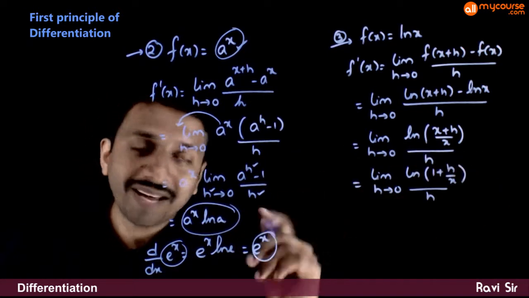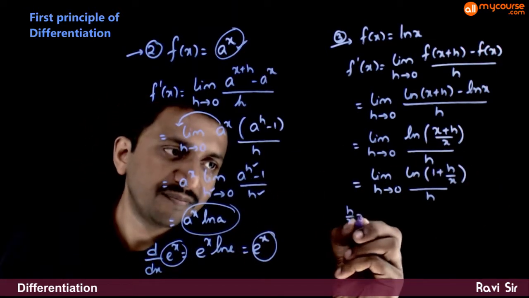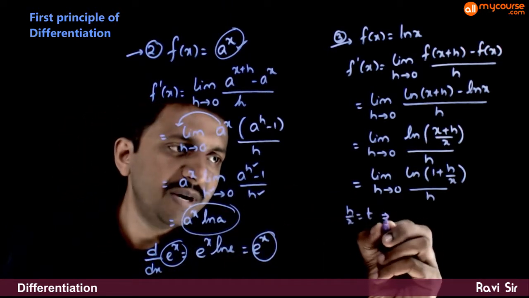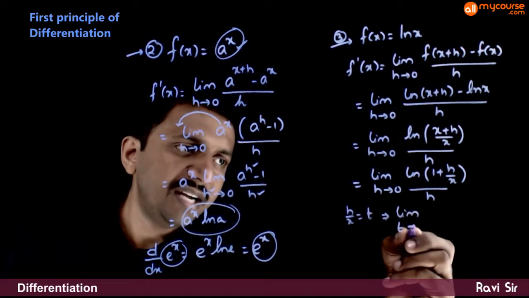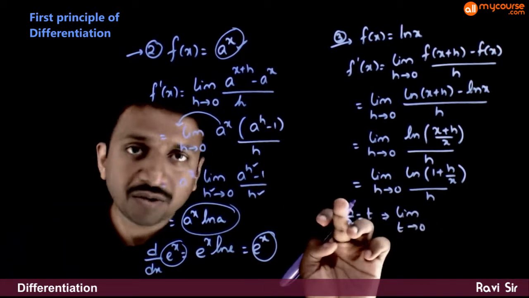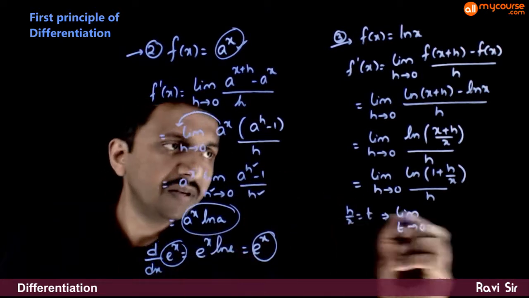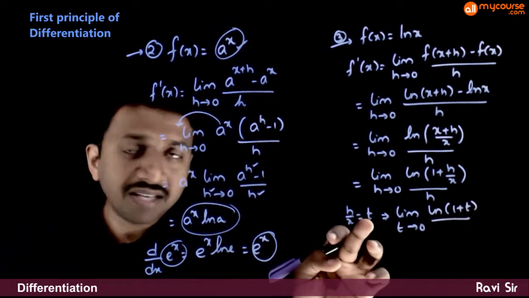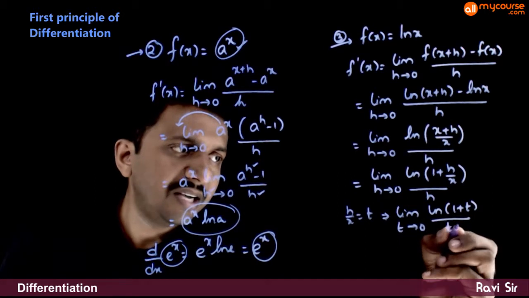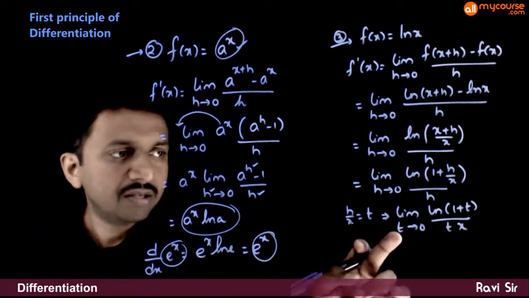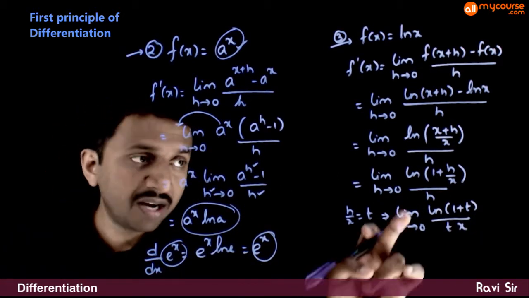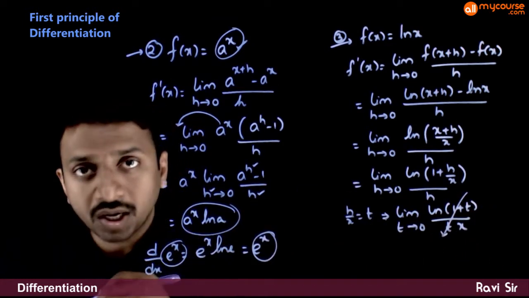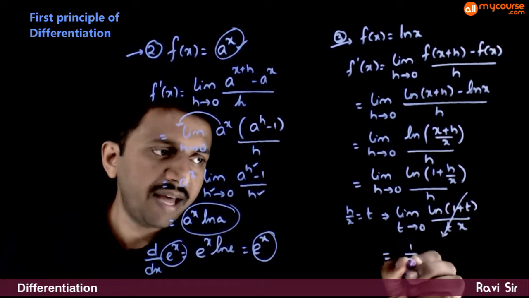So if I take h by x equal to t, this limit becomes the limit as t tends to 0, because as h tends to 0, h by x also tends to 0, of ln(1 plus t) by tx. So we have a standard logarithmic limit: the limit as t tends to 0 of log(1 plus t) by t goes to 1. So you get 1 by x as the answer.